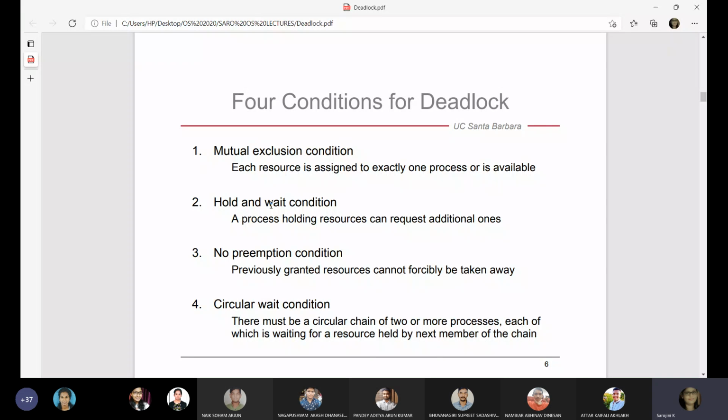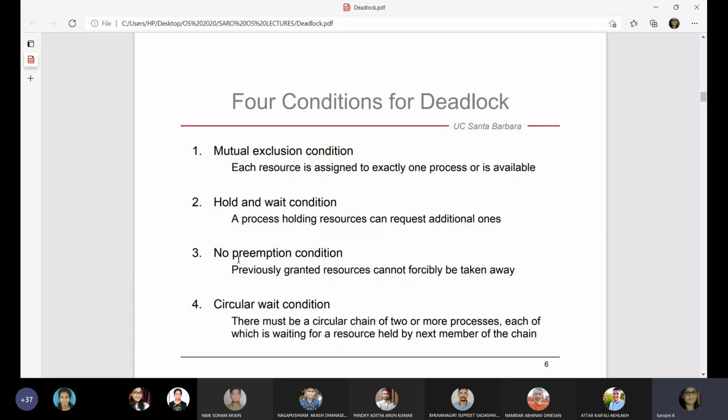Okay. No preemption condition. This I already said. Preemption is not allowed. That is also a reason for deadlock to occur. Circular wait condition. Circular wait condition means what? As I said, there are 5 processes. Process P1 is waiting for P2 to release a resource, and process P2 is waiting for P3 to release a resource.